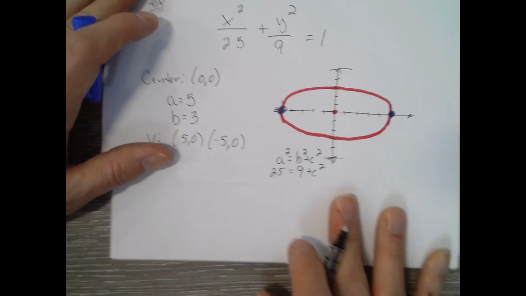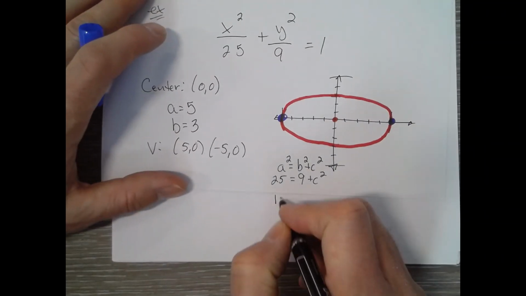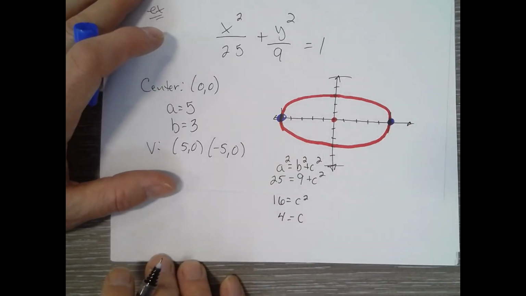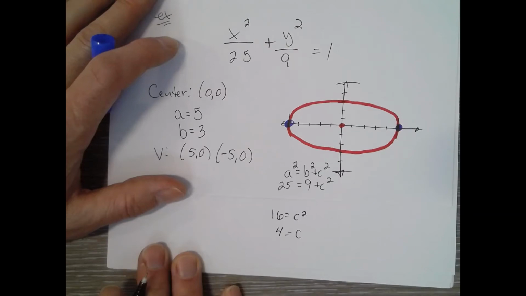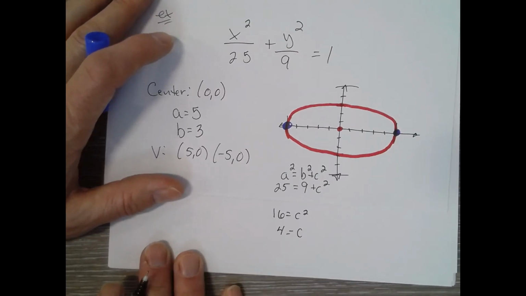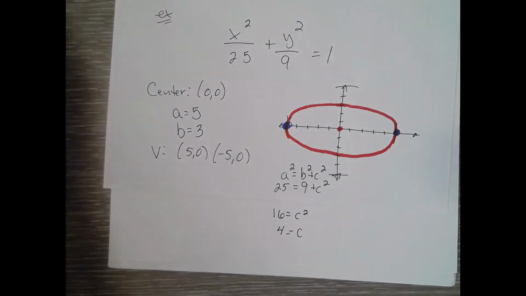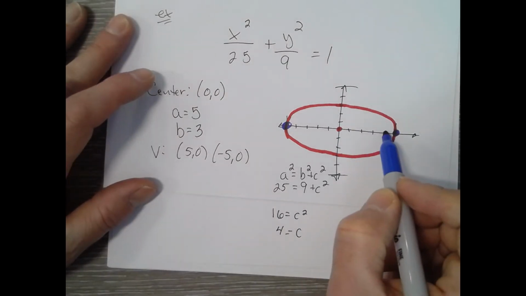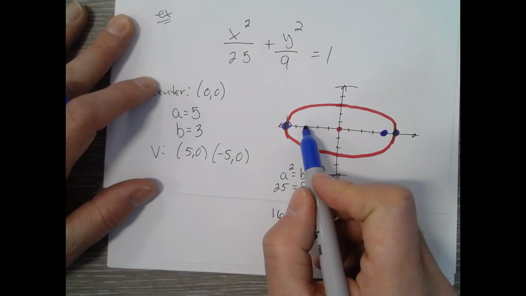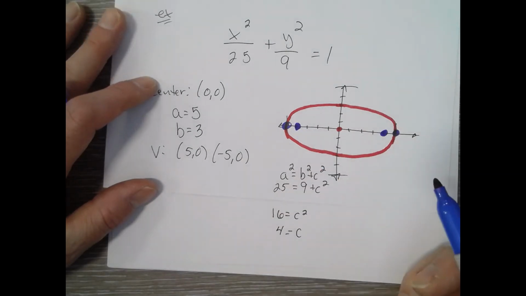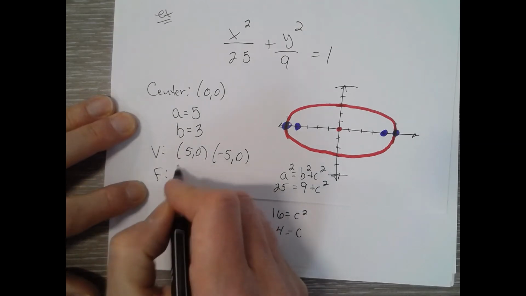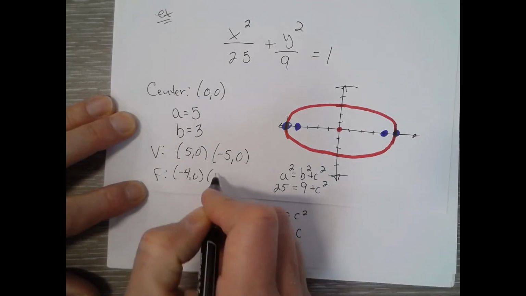So then subtract, we get 16 equals c squared, and this turns out to be a nice number, 4. They aren't all going to be. There are a lot of times you'll have square roots, but in this case we get 4. So my foci, if c is 4, 1, 2, 3, 4, there's 1. 1, 2, 3, 4, there's 1. So the foci would be negative 4, 0, and 4, 0.